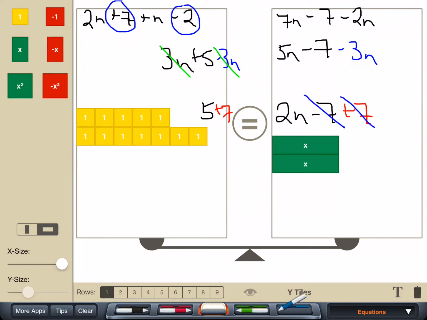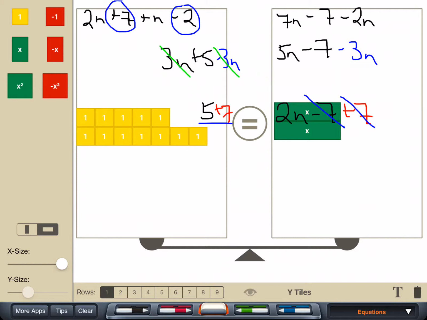There we go. And of course on this side, 5 plus 7 equals 12. So I'm just going to move these out of the way here. Good. And I'm going to end up with 12 on my left equals 2n on my right.